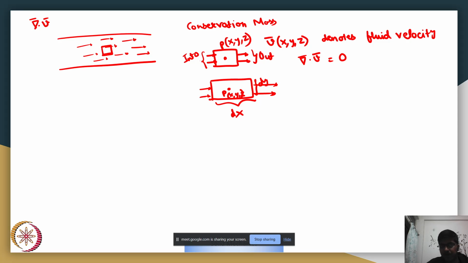Then the amount of mass that is coming in is given by rho times A. You could also have some fluid flowing like this. So rho times dy times the velocity at x minus dx by 2.